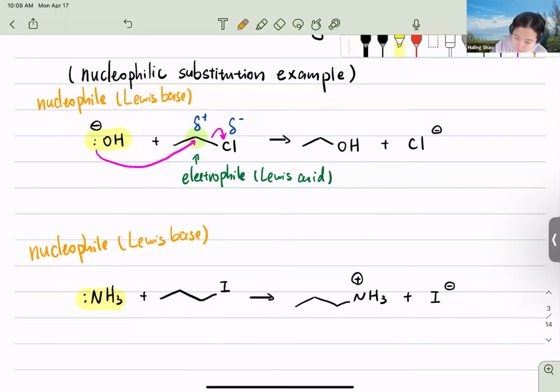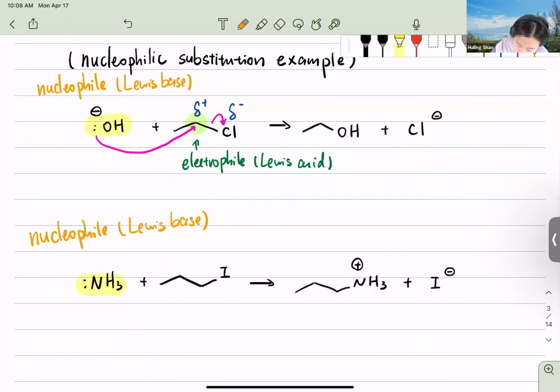And in this reaction, what we have is the lone pair of NH3 attacking the carbon here and the iodine leaving. We end up with a substitution reaction to form a cationic species here and a neutral species here. So the overall charge needs to be balanced.